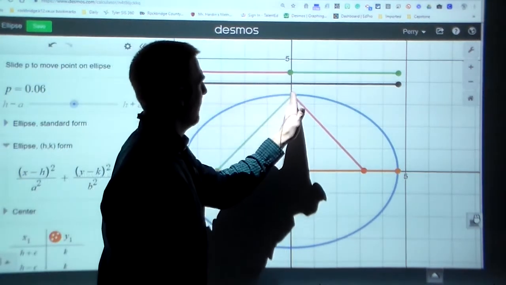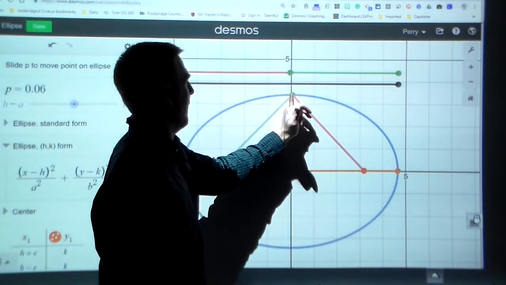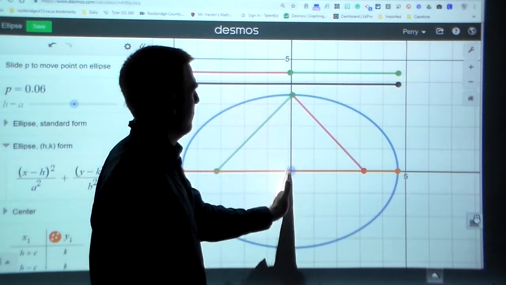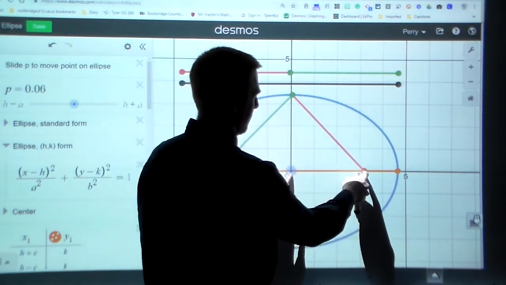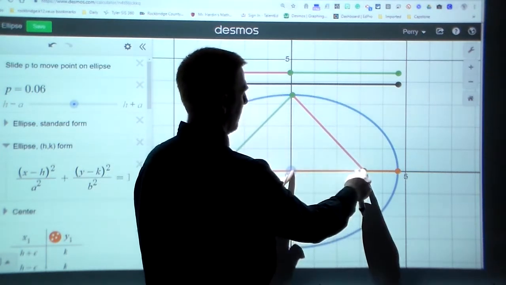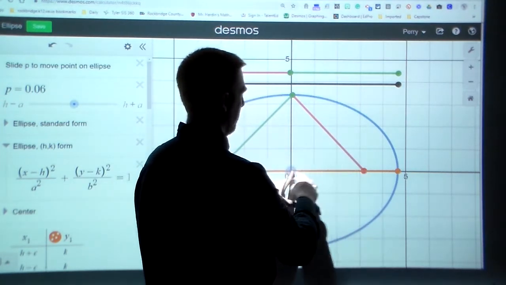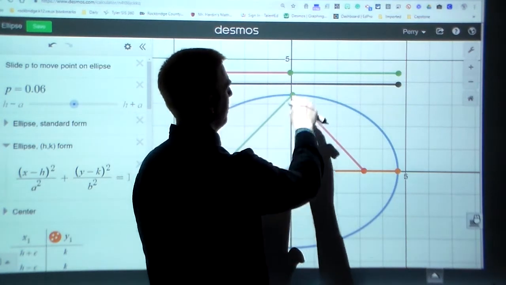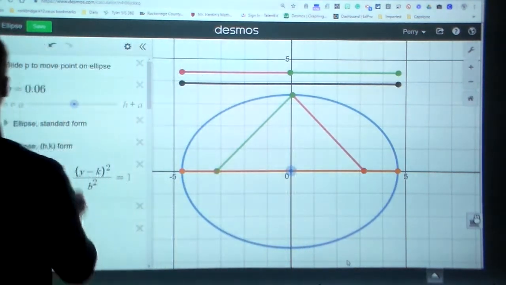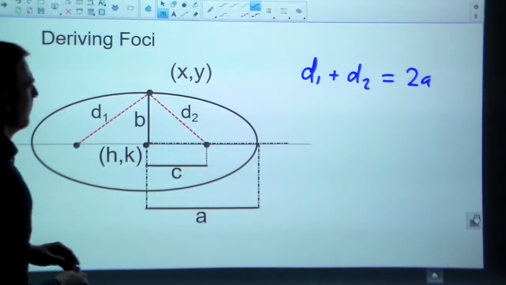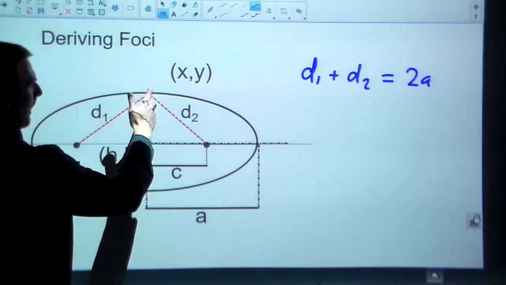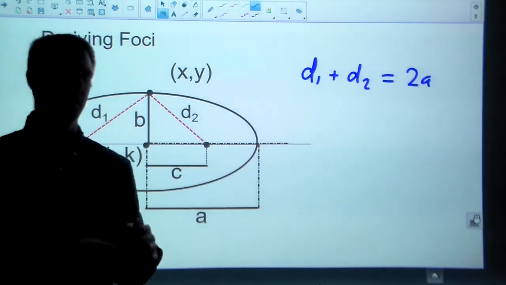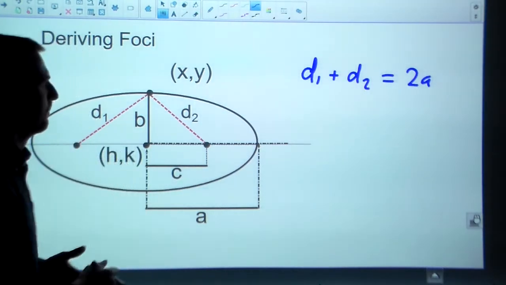So if I get right up there, imagine it's right above that point, then that's going to make this calculation a little bit easier, because if this is c from here to here, then this length right here is purely c, and from here up to this point is purely b. That makes this way easier to do. So I'm going to come back here, and that's what I've got going on. If this x, y coordinate is directly above here, and you could do this from any position, this is just the easiest one to calculate it for.